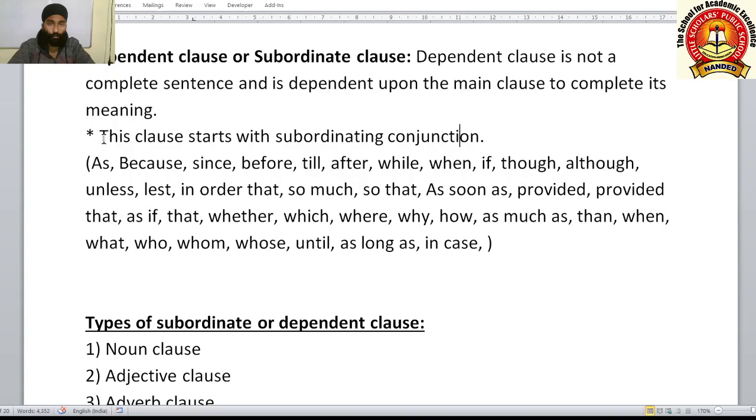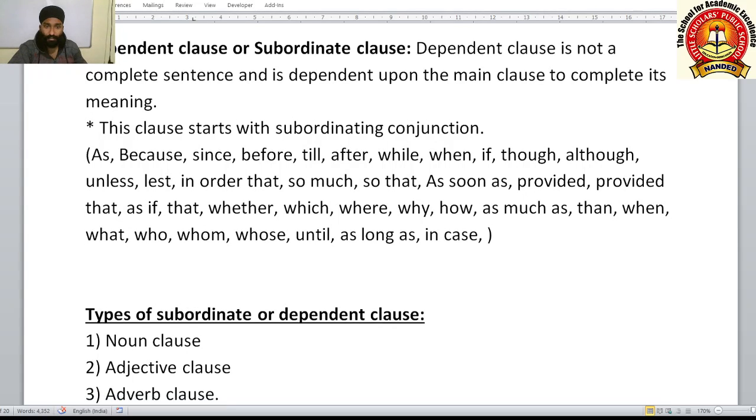You have to learn which conjunctions are used in subordinate clauses: as, because, since, before, till, after, while, when, if, though, although, unless, lest, in order that, so much, so that, as soon as, provided that, as if, that, whether, which, where, why, how, as much as, then, when, that, who, whom, whose, until, as long as, in case.